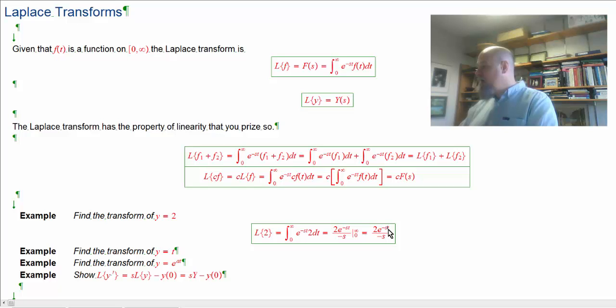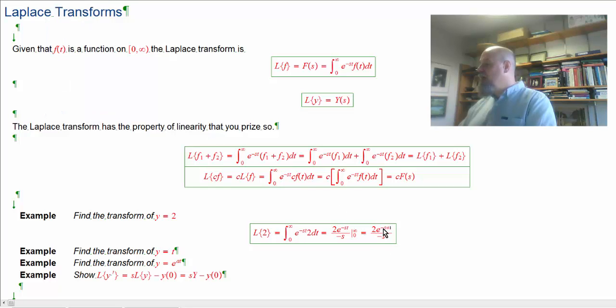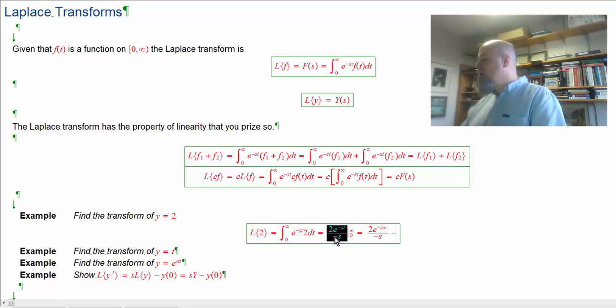I'm subbing in infinity for t. So that's 2 e to the minus s times infinity, minus, when I sub in 0, 2 e to the s times 0, which is 1. So it's sub in the top minus sub in the bottom.